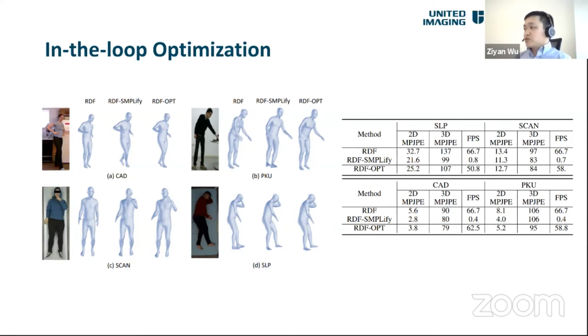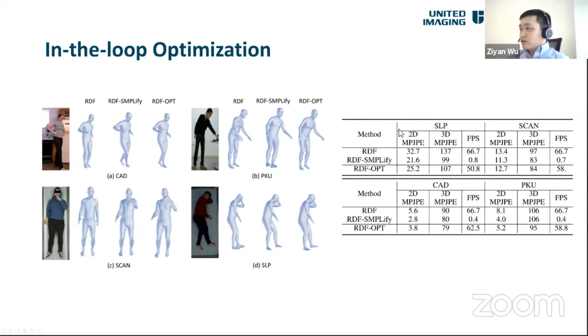However, it's a little bit time-consuming. As you can see, without using Simplify, using only the RDF we propose, we can achieve a frame rate of 66 FPS. But with Simplify in the loop, the frame rate drops significantly to lower than 1 frame per second.